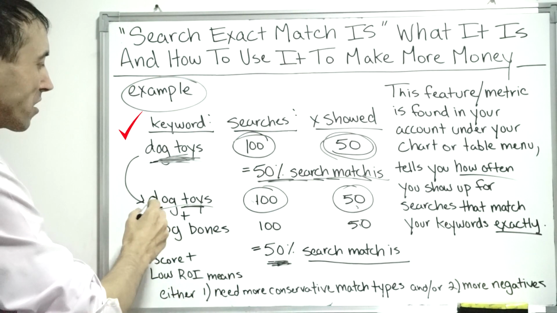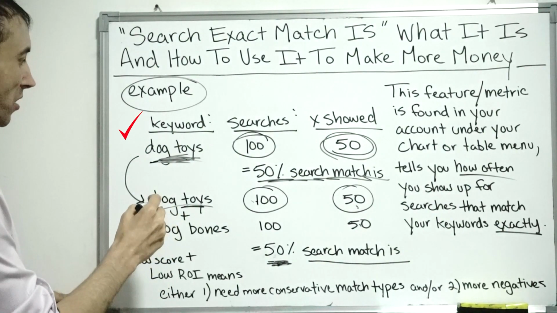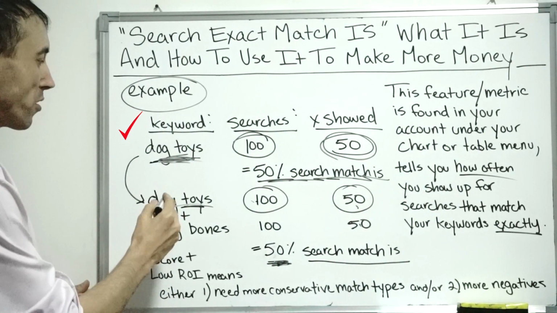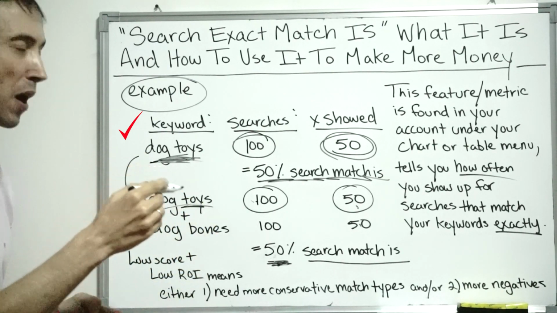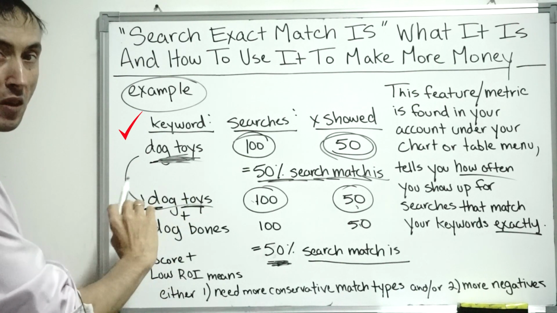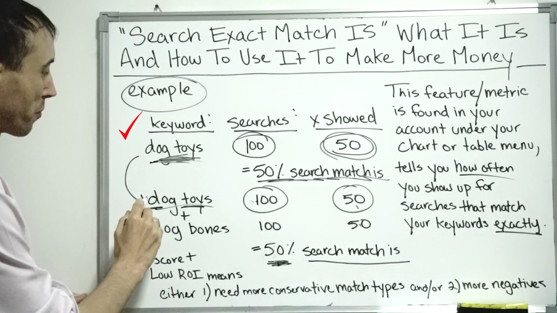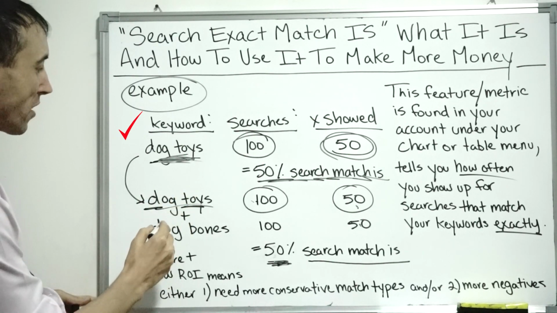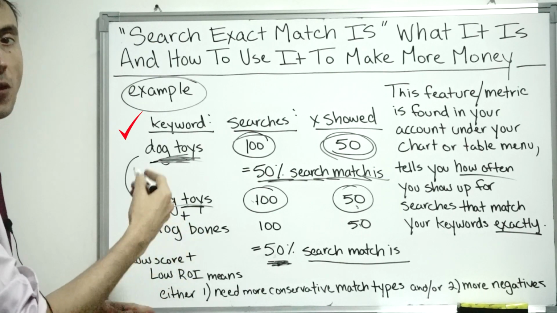So if you're bidding on dog toys as a keyword, but you're not having that keyword in exact match with brackets around it, you have either quotes around it, or there's nothing around it, which would be what they call broad match, okay? If you're bidding on the keyword dog toys in broad match, you're going to show up for all kinds of stuff, like dog bones, dog food, whatever, right?